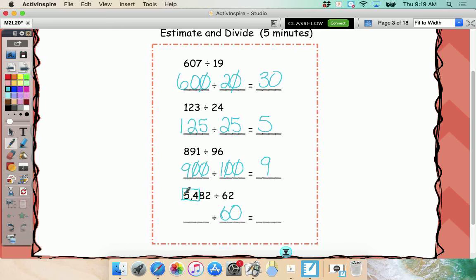Yes, it will. So that's all I'm going to put. And I'm going to change the rest of this to zeros. Now I'm going to cross off zeros, but I'm still looking at 54 divided by 6. What is it? 9. And I can't just put 9 there because I've got a 0 here. This is 540. Good.